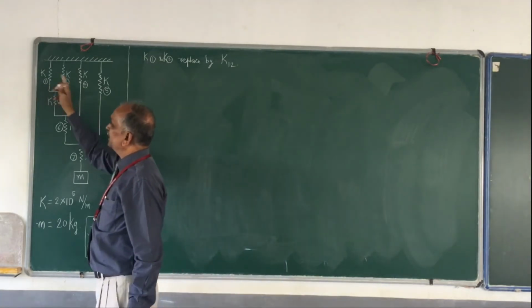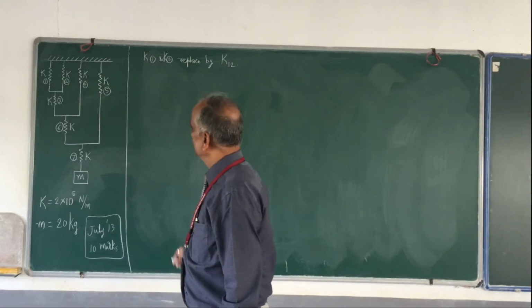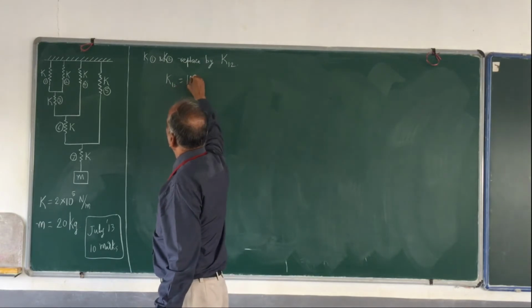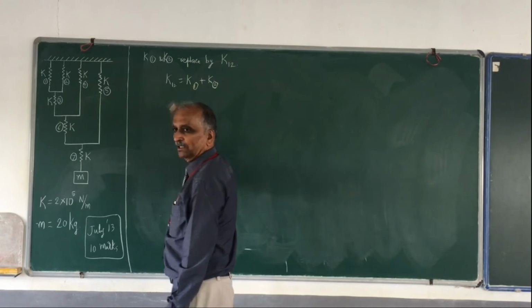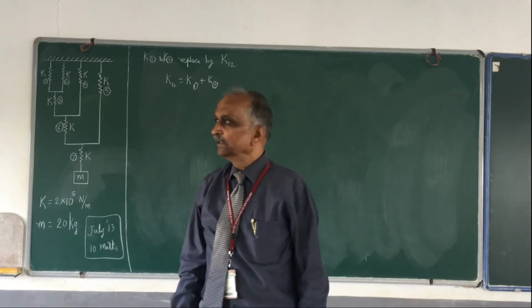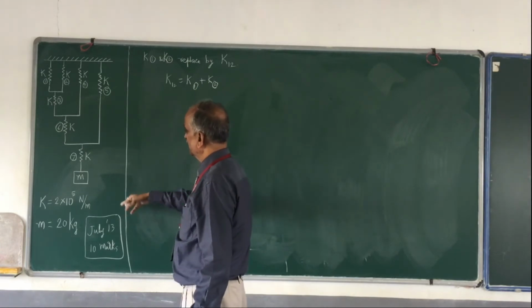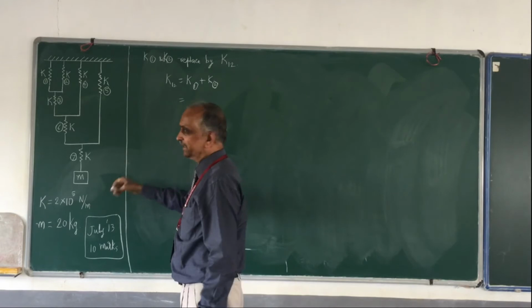So as we know that 1 and 2 are parallel, what is the equivalent stiffness for parallel? K12 is equal to K1 plus K2. I hope you did. Okay, K12. I shall call it K now only. K1 is K, I shall substitute it later.